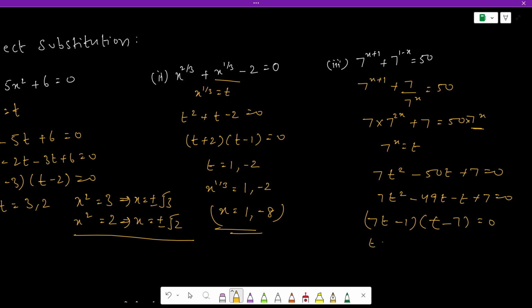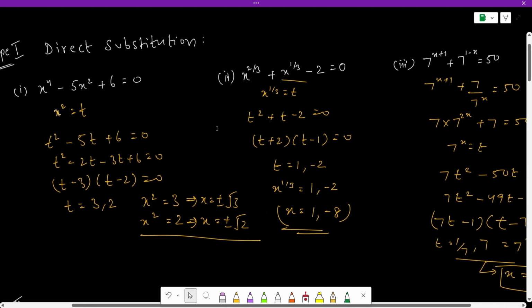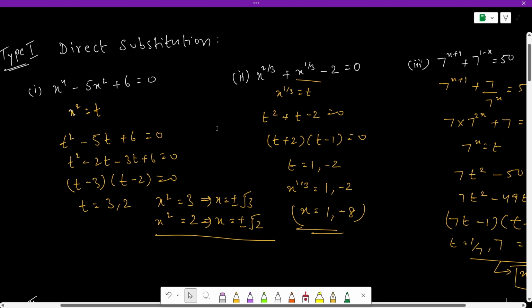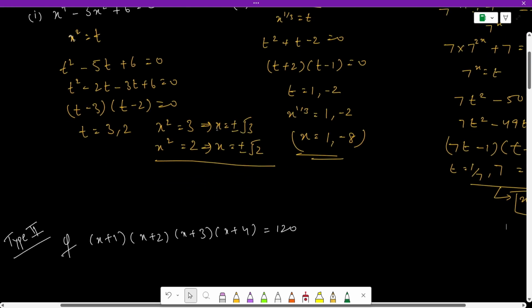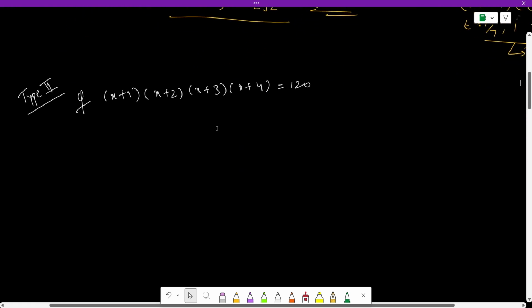So we get t equals 1 by 7 and 7, and it is equal to 7 raised to the power x. Now from here we can take log and x comes out to be 1 and minus 1. So this was the first type, direct substitution, and it is the simplest of all. Now let's move to the next type.